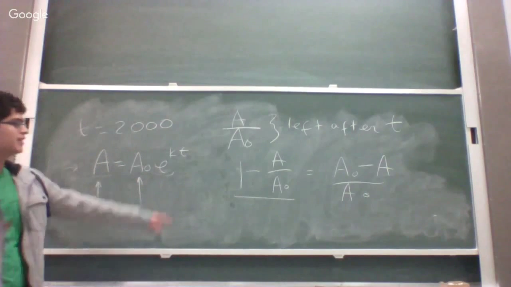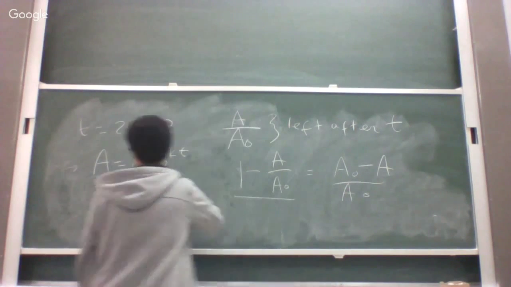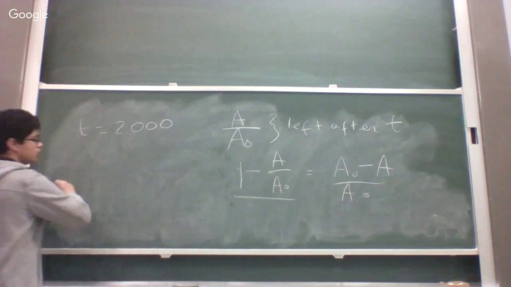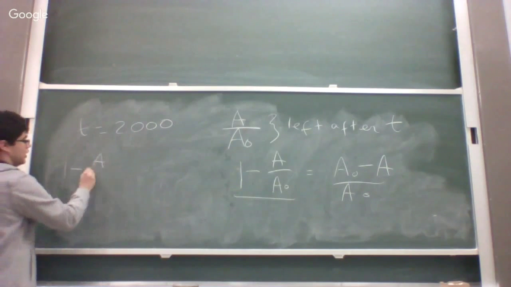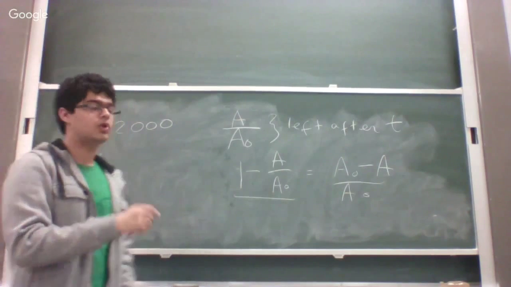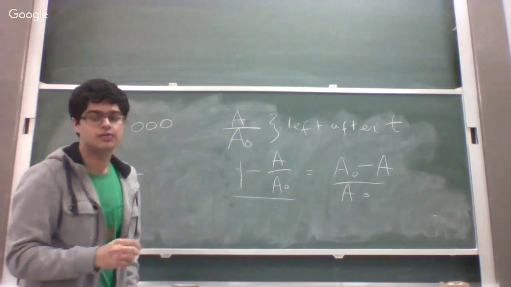Okay, so we have that, right? Remember that. So then the amount that is left is 1 minus A over A0. That's equal to 1 minus what we had.